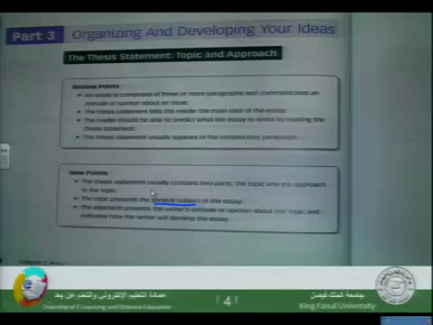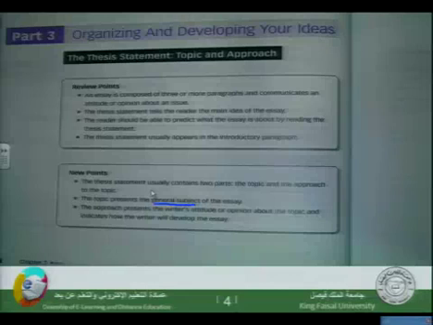So if you begin a topic sentence or a thesis statement by saying, it's a shame that most of the football teams don't get financial support from the government, just saying it's a shame gives the reader an indication that you probably don't agree, you are against it, and you are angry about this fact.